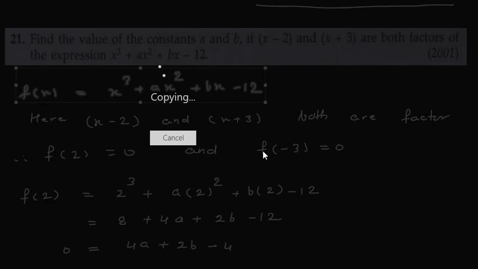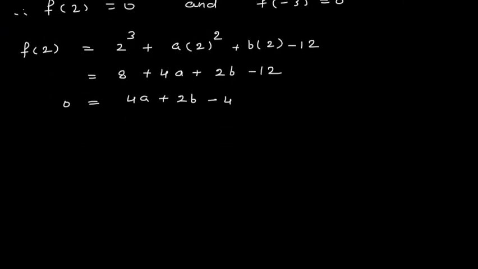So now I will say that f of minus 3 is equal to minus 3 cube plus a into minus 3 square plus b into minus 3 minus 12.